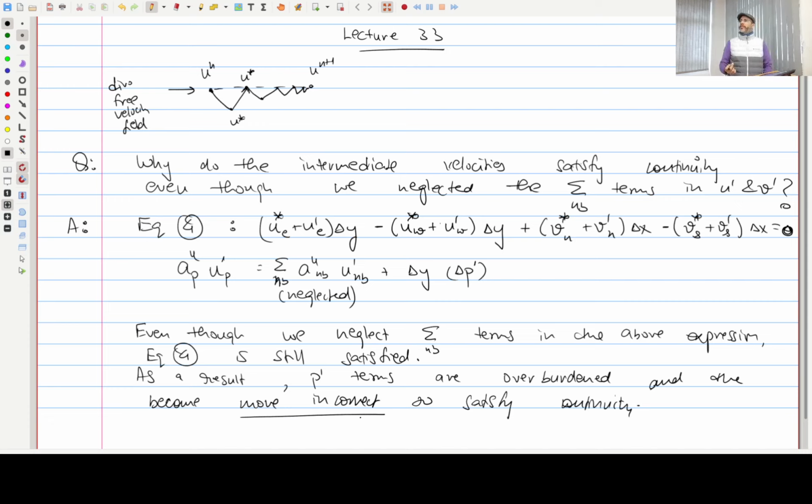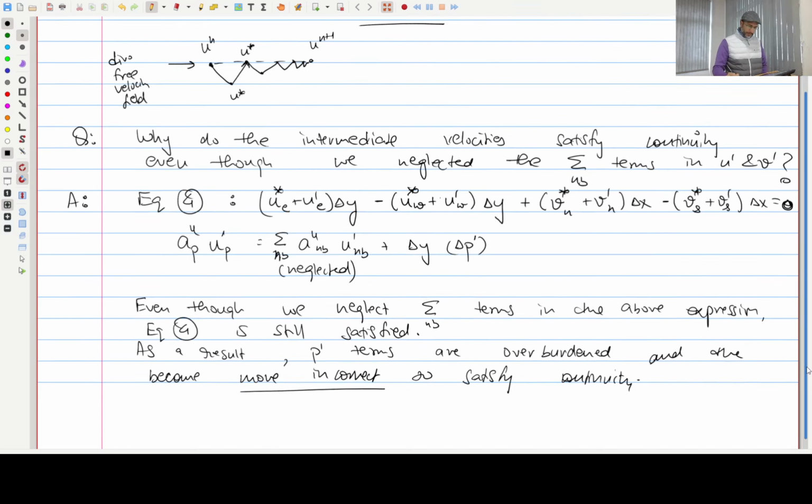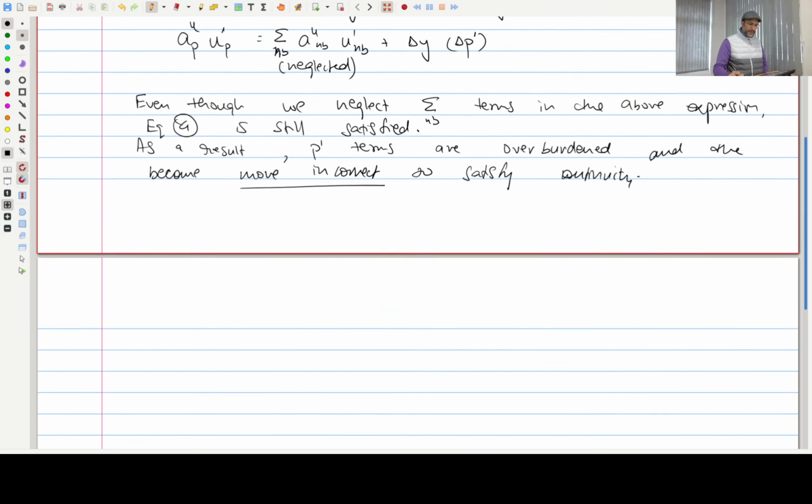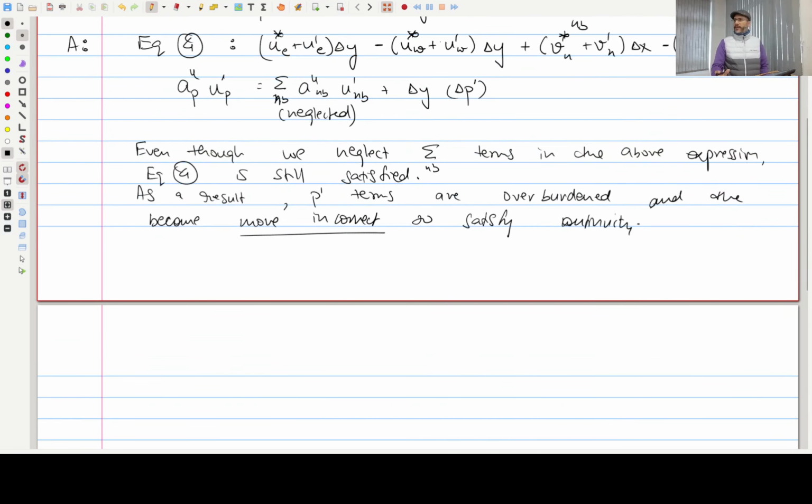But the velocities U primes and V primes we get are not that incorrect, because these P primes are trying to ensure that the U primes and V primes we get are going to satisfy continuity. So in a way, your U primes and V primes are not as incorrect as your P primes are. Here we are not quantifying how incorrect they are.